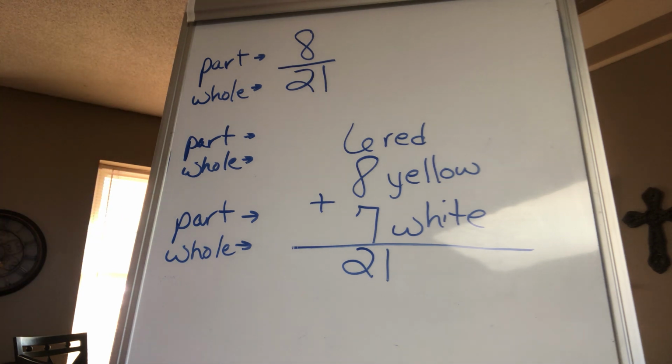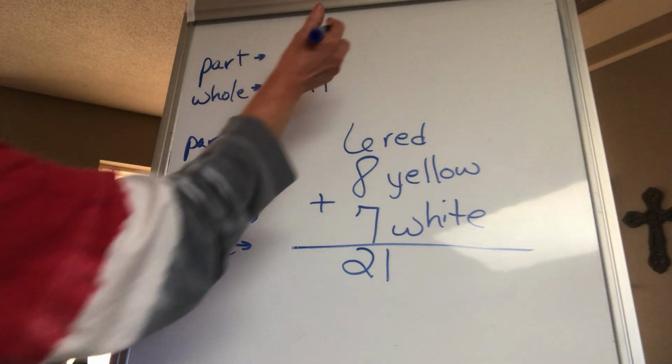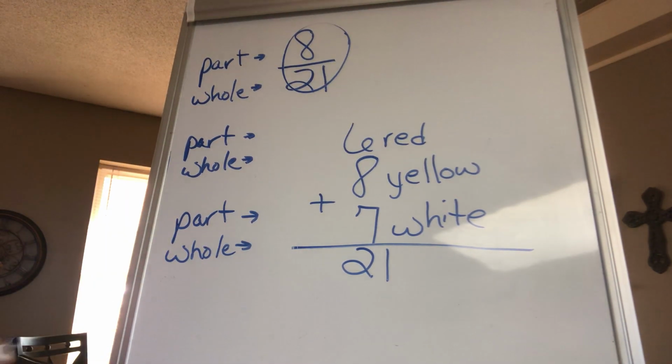I've made it all the way up to 8, and that's the highest I could try. So 8 of the 21 roses are yellow.